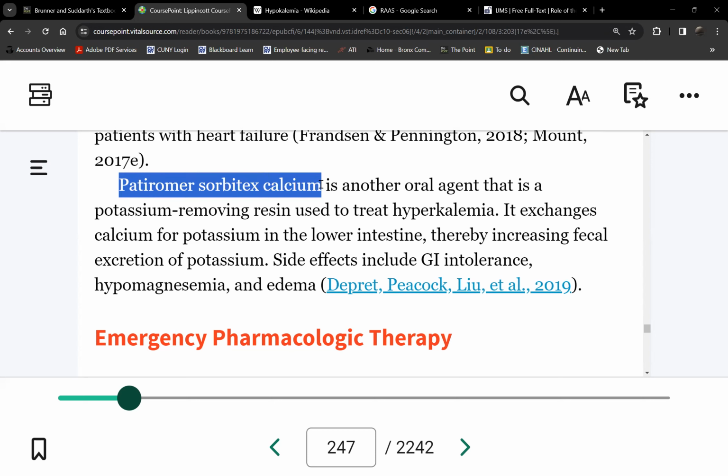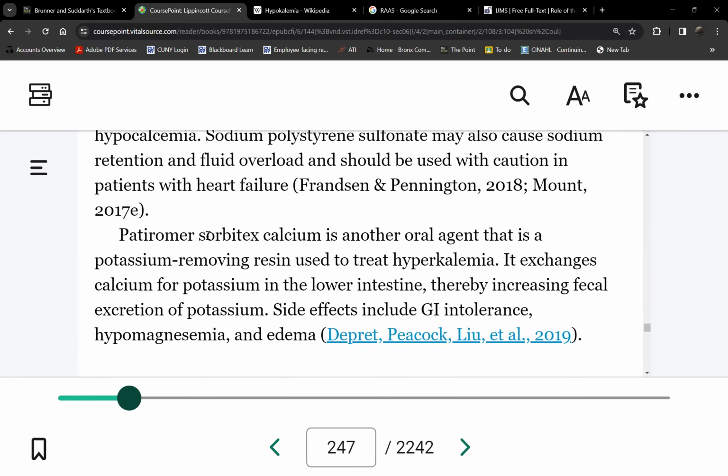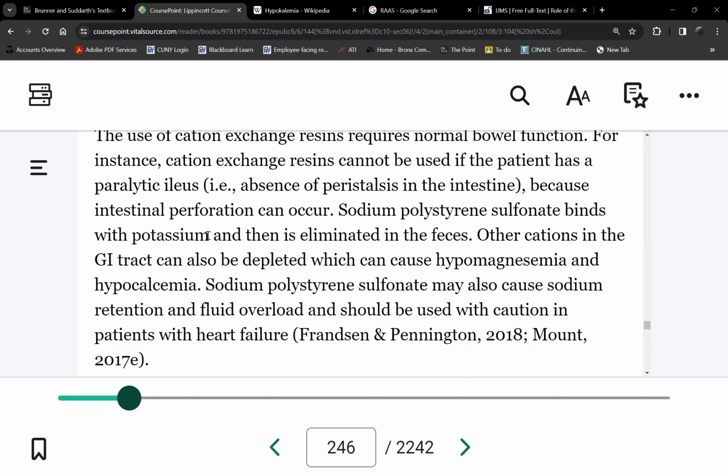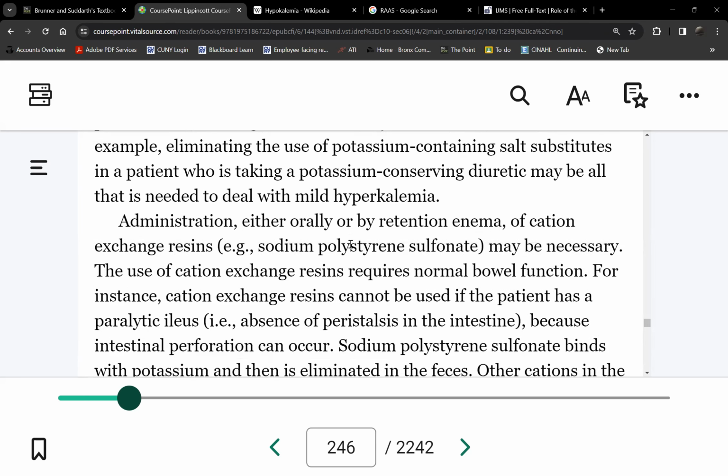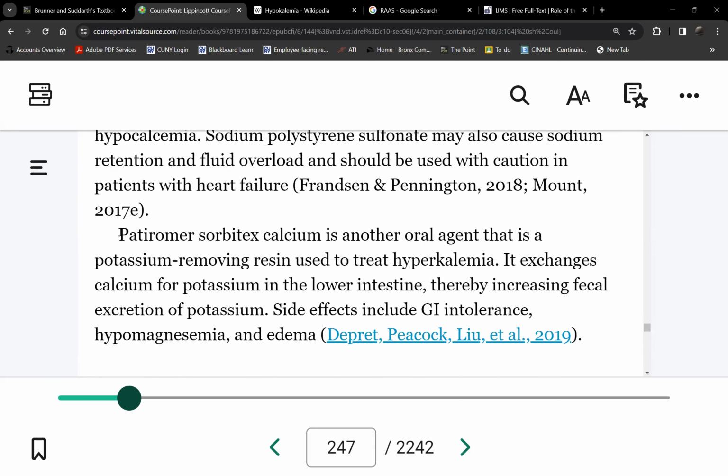Whichever one the NCLEX uses, these are all oral and rectal options. When I say rectal, that's an enema. Lokelma we can't give through an enema, it's oral. So Lokelma, SPS, or this more modern one, Patiromer Sorbitex calcium. It's the same thing, excreting it through the GI tract.